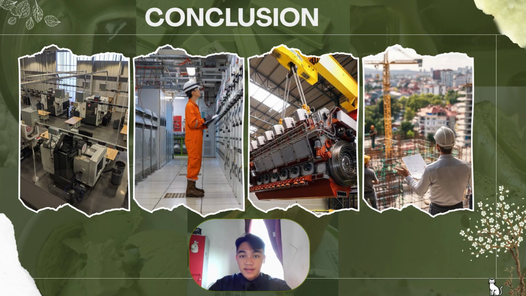So for the conclusion, industrial engineering is true engineering, as mentioned by my friends, and it also stands shoulder to shoulder with other engineering, like mechanical, civil, electrical, and the other engineering that we know. Industrial engineering itself has its own specialties compared to the others.